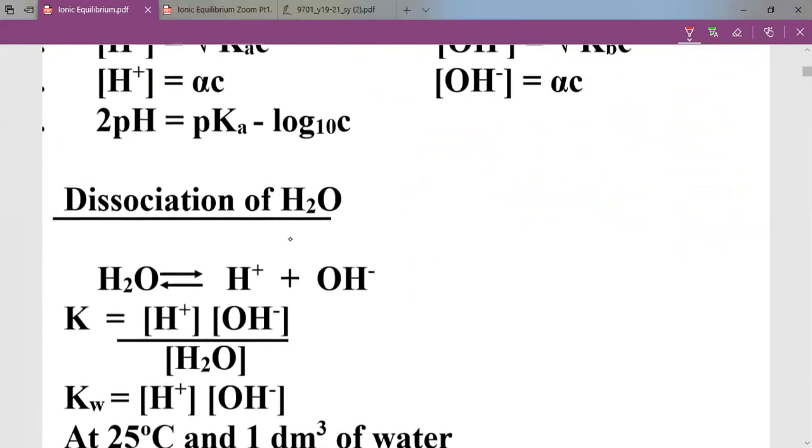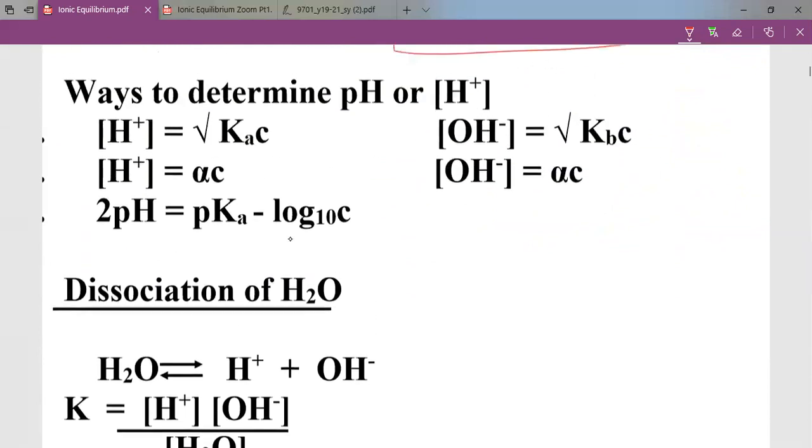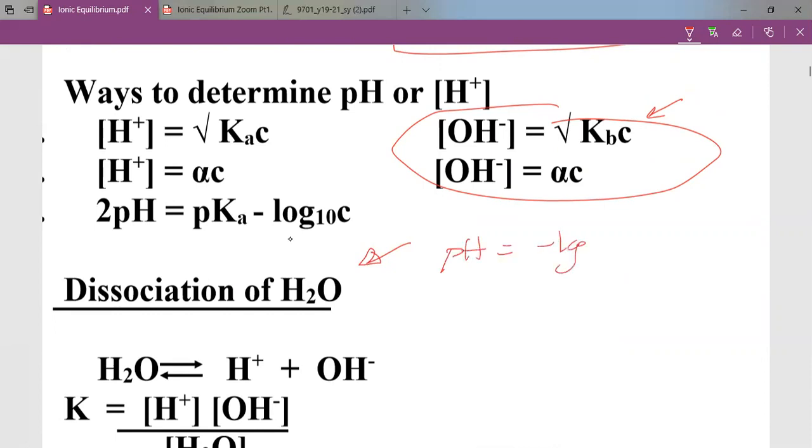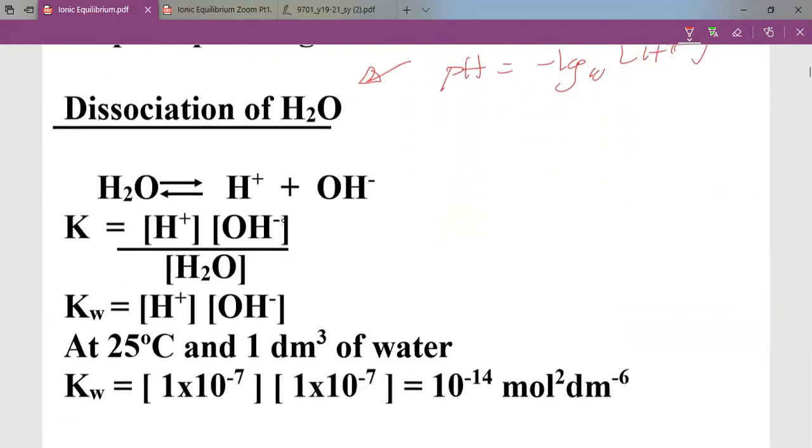I don't know why this thing is playing up. Never mind. Okay, so same. But this is seldom used anyway. We use this one here to find the pH of a base. Remember, pH is always equal to minus log base 10 H+. H+ is also present in alkaline solutions because of this thing of water.